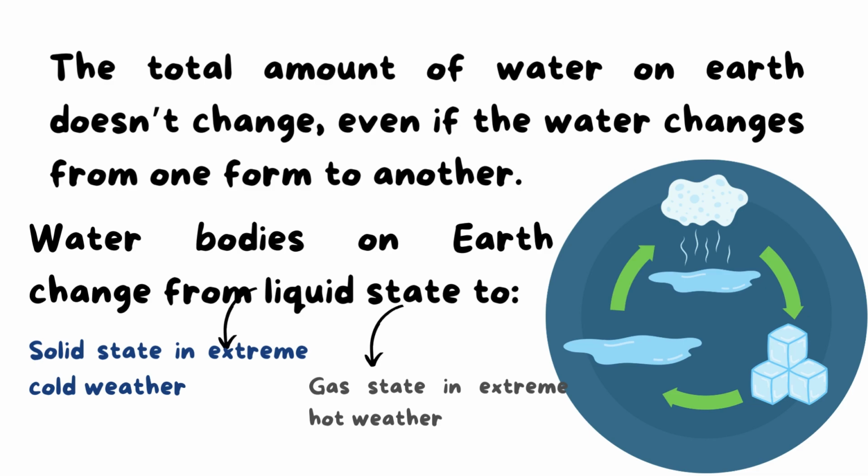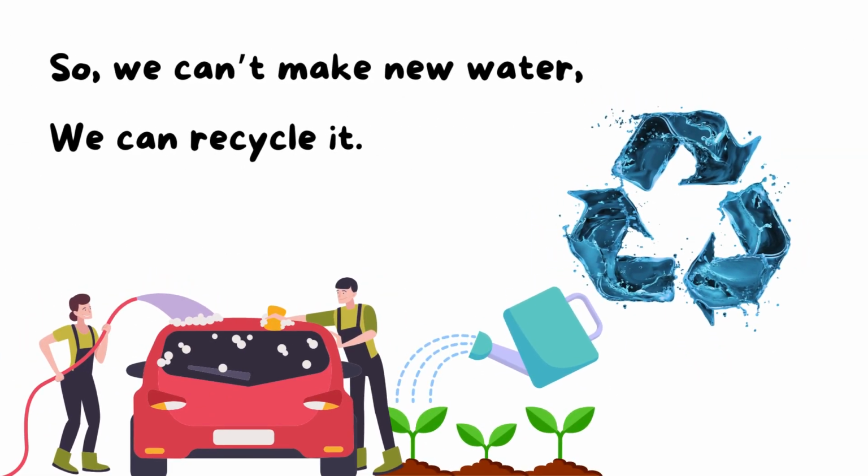Those water bodies can change from liquid state to other states, like solid state in extreme cold weather, or gas state in extreme hot weather. But whether it is solid, liquid, or gas, the total amount of water on Earth doesn't change, as we can't make new water. They only change state.